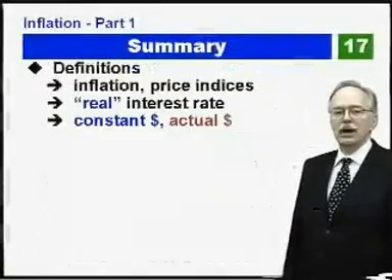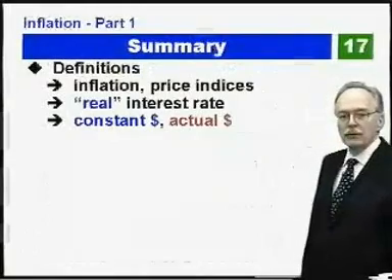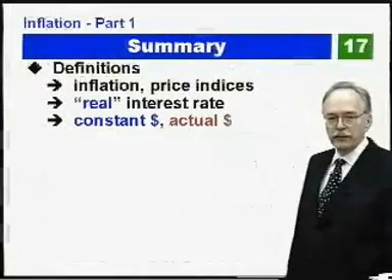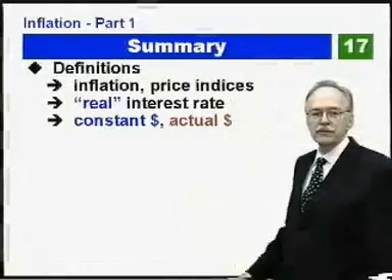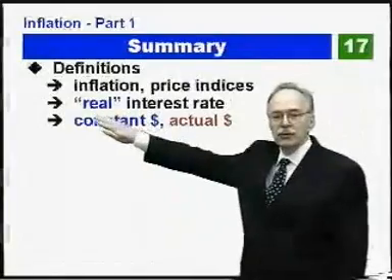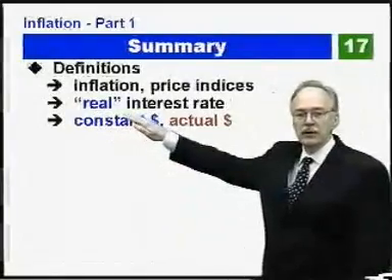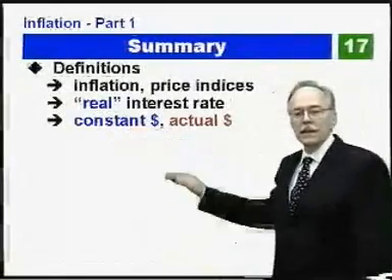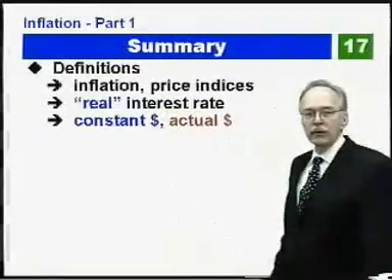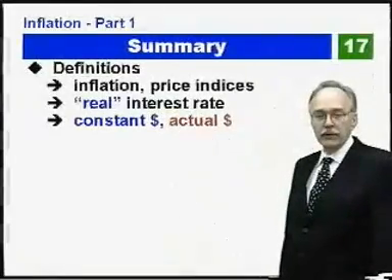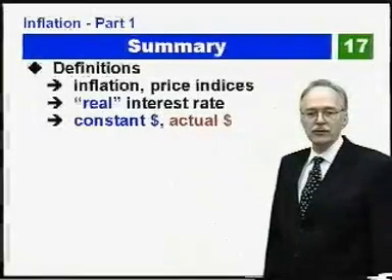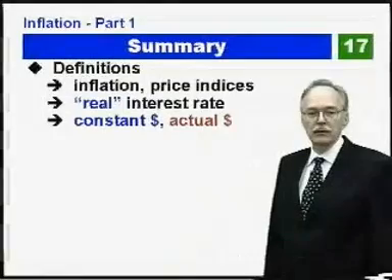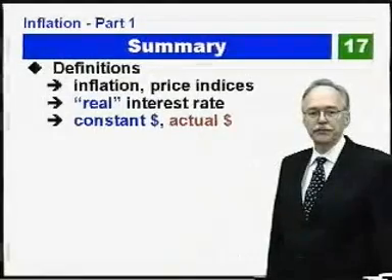So what have we done in this lecture? Let's summarize. We've talked about inflation. We've defined inflation. We've defined price indices. We had some examples of price indices. We defined this abstract term called the real interest rate, which is based on the market rate and the inflation rate through our fundamental relationship. We defined constant dollars, and we've given examples showing how actual dollars and constant dollars can be converted back and forth from one another.